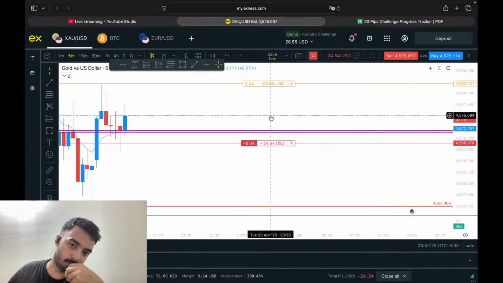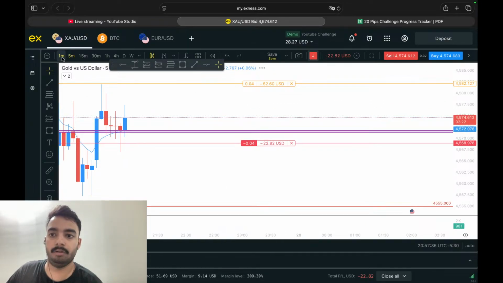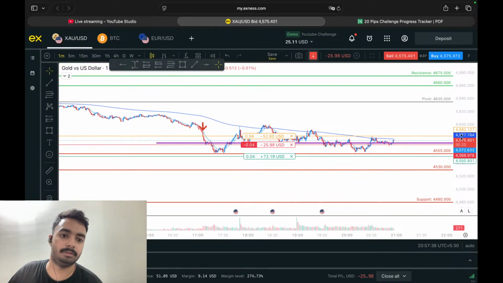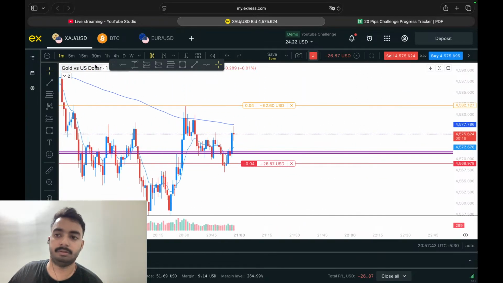And if we see any rejection, we can now scale in, or layer the setup, which can give even higher profits for us.